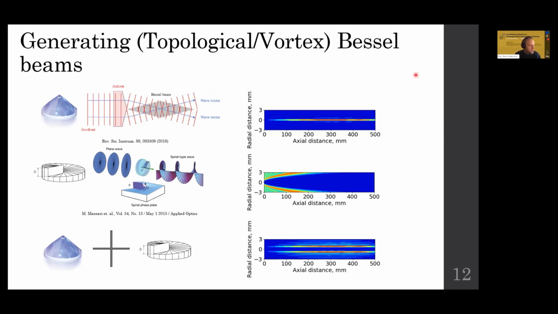There are other elements which are called spiral phase plates. They can impart that phase or topological charge onto a beam to produce a vortex beam, which has the cross-sectional evolution of intensity as shown on the right. And the combination of those elements can produce a topological Bessel beam. So this is what we want.